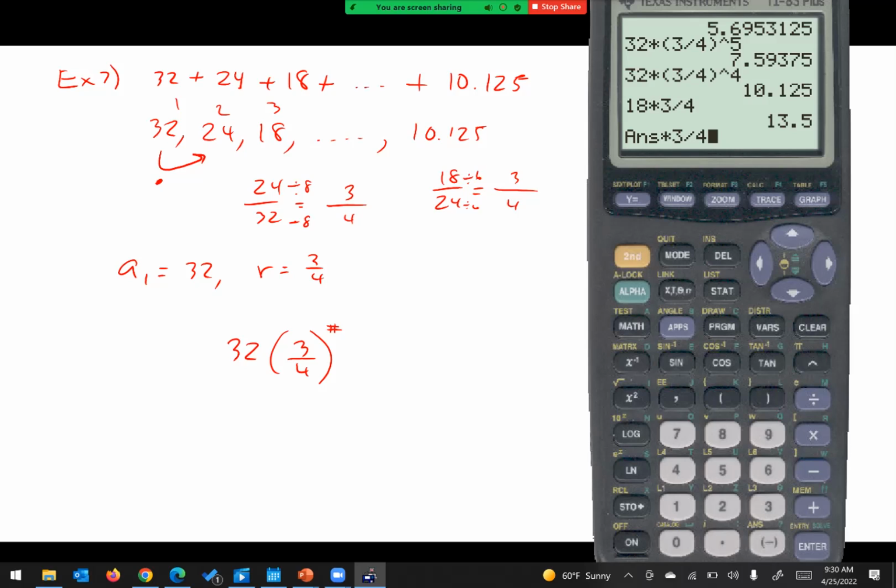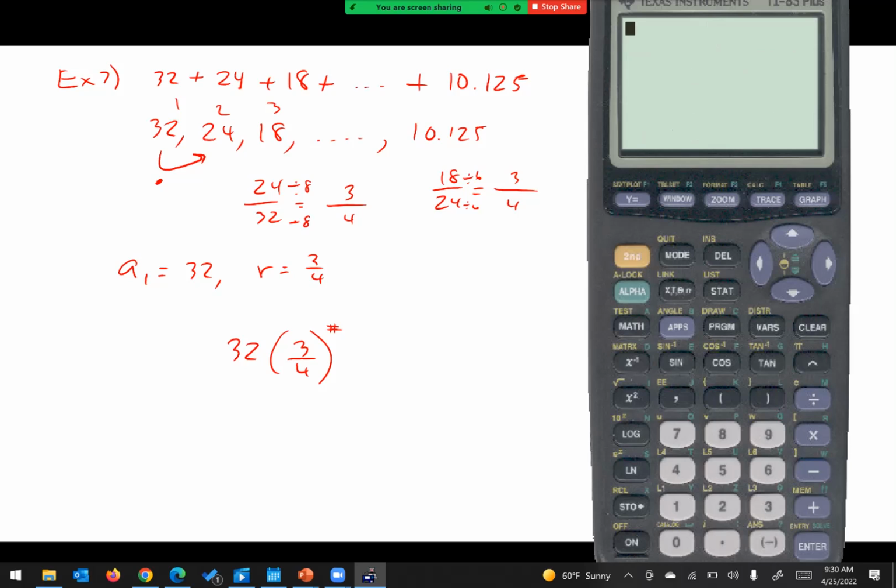So if you say 32 multiplied by 3 divided by 4, that would be our second term. Multiplied by 3 divided by 4 again, this would be our third term, and our fourth term, and our fifth term. We're good? So it just keeps on going. Once you get the iteration correct, you can just keep on going.